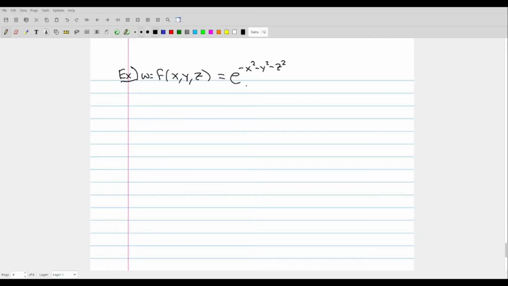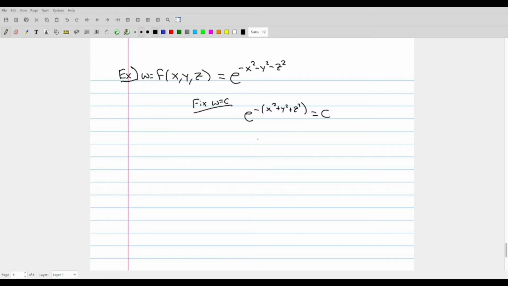The level surface for this function is going to be the following. We fix w equal to c, and we get that e to the negative x squared plus y squared plus z squared is equal to c.